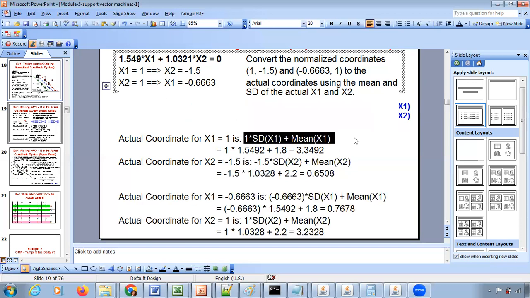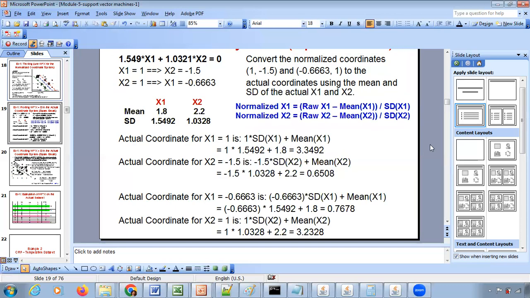So the raw x1 is going to be the normalized x1 times the standard deviation of x1 plus the mean of x1. That's the conversion between the two.